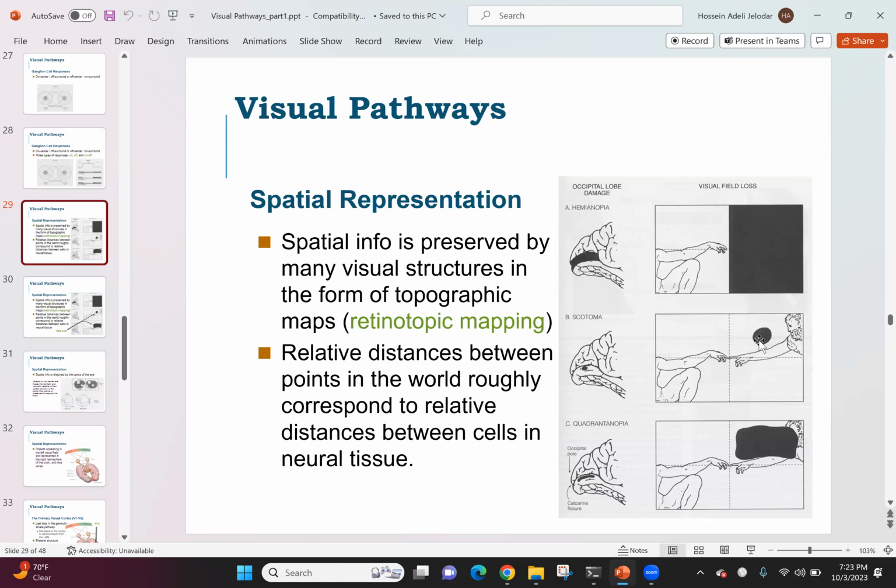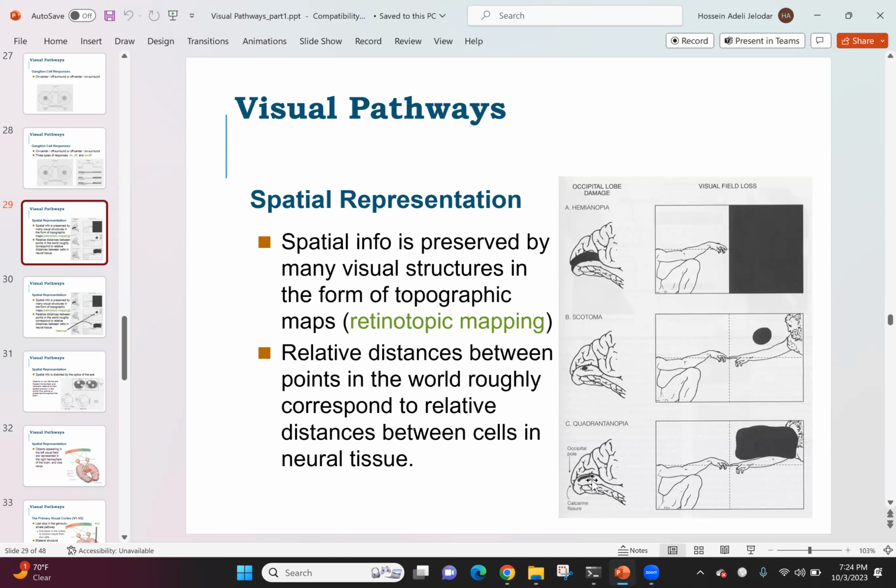It's an important property of the visual system, where the tissues that are close to each other are processing the same visual areas in the world. So if I basically take a recording from some area and I find the receptive field, and the receptive field is somewhere in the world, if I move the electrode a little bit, this receptive field is not going to jump to another place.